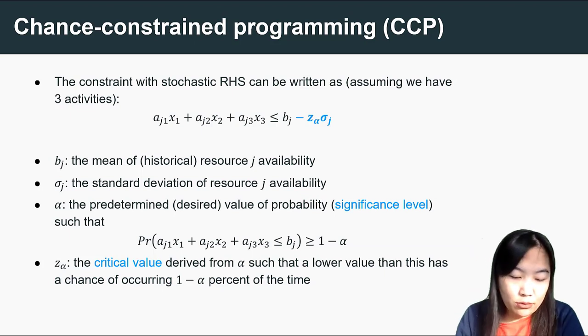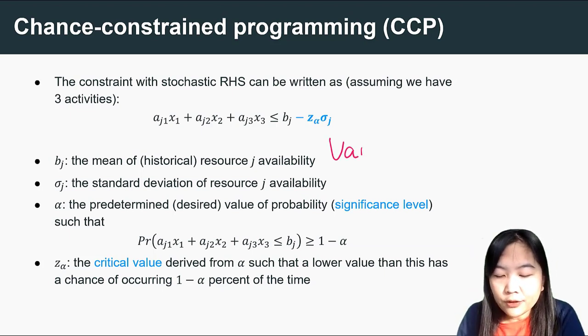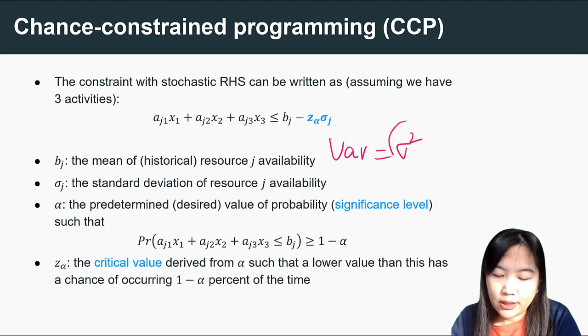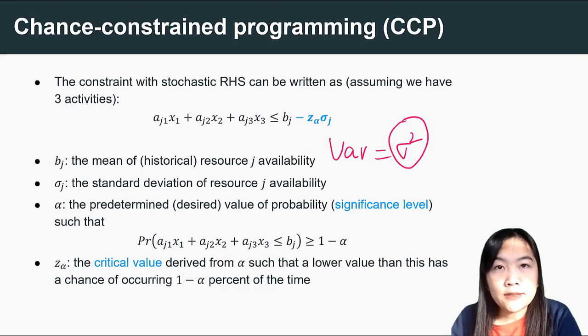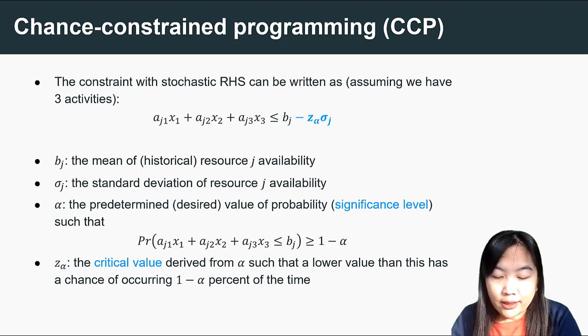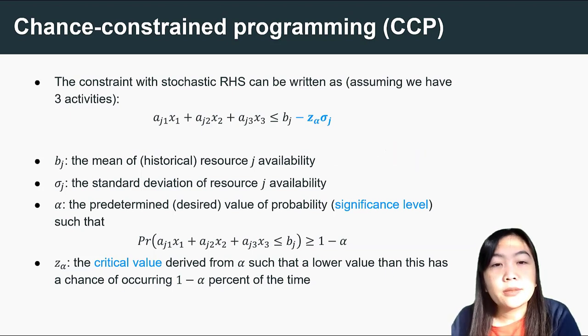Sigma is the square root of your variance, or you can say variance is sigma square, and that's a measure of risk. And then once you calculate the variance, you can take a square root and get the standard deviation.